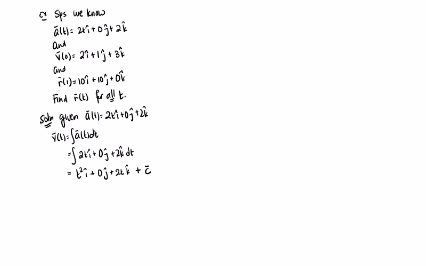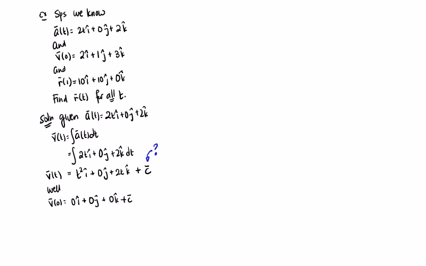Now this says that v of t is all this stuff plus c, but we need to know what the c is in order to actually have v of t. So let's see. We know v of 0 up at the top, and I can find v of 0 using this. So v of 0 from this v of t is 0i plus 0j plus 0k plus c bar.